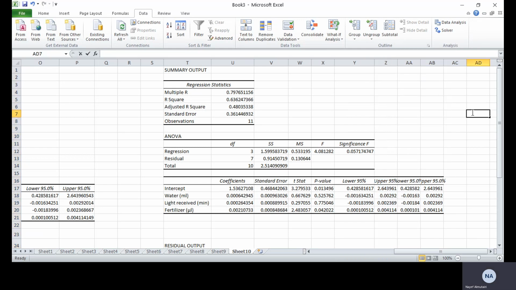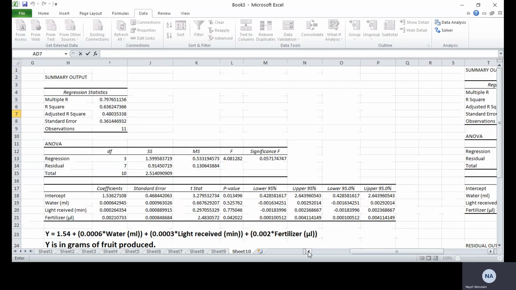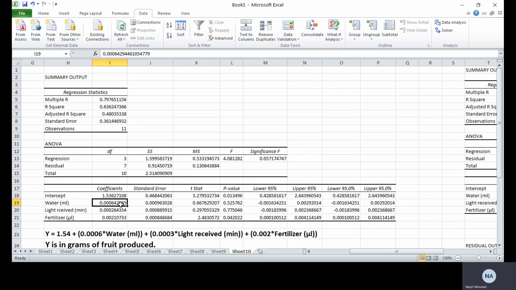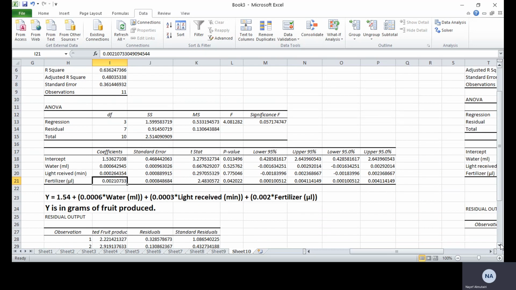Okay. So you will go and see, and this one is the same thing. So we're going to have the coefficients. This is for the intercept. This is the factor for the water in milliliters. And this is the factor for light in minutes. And this is the coefficient for fertilizer in microliters. So you put the equation. Y is in grams of fruit produced.